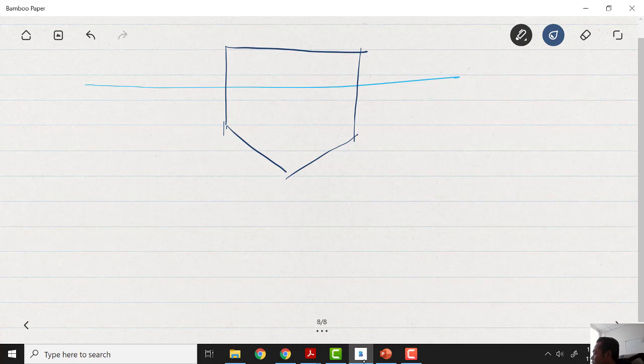Since the ship is floating, we will have CB around here. CB means center of buoyancy. And then we have another one here, the center of gravity, CG.